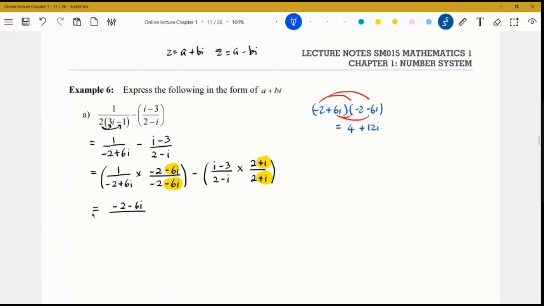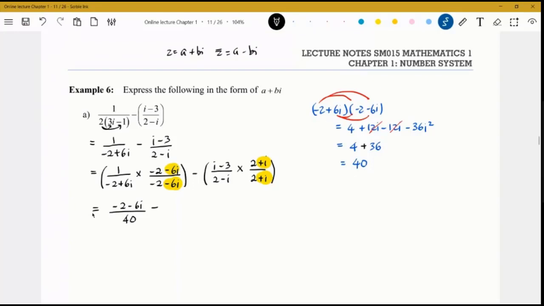Here will be negative 12i. 6i, negative 6i will be negative 36i square. So 4 tengah-tengah ni akan hilang. So negative 36i square. i square adalah negative 1. Jumpa negative dia akan end up plus 36. So kita akan dapat 40 di sini. Okay. So we put here 40.